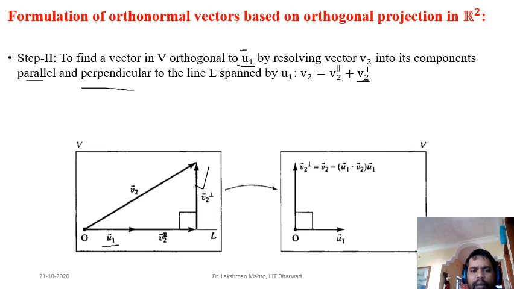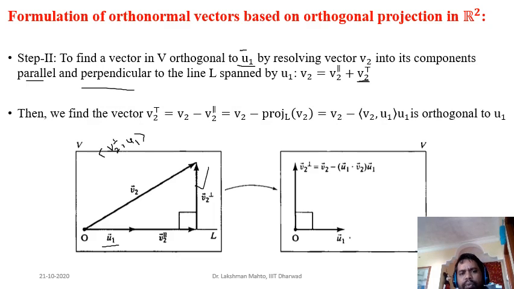So we have already constructed a vector v2 perp which is perpendicular to u1, but this v2 perp is not a unit vector.